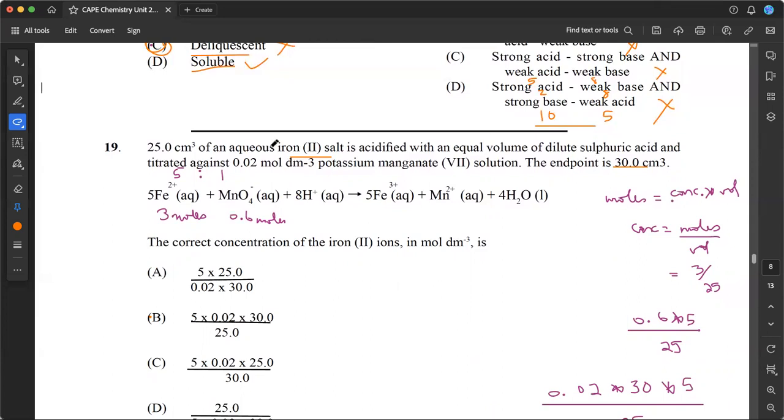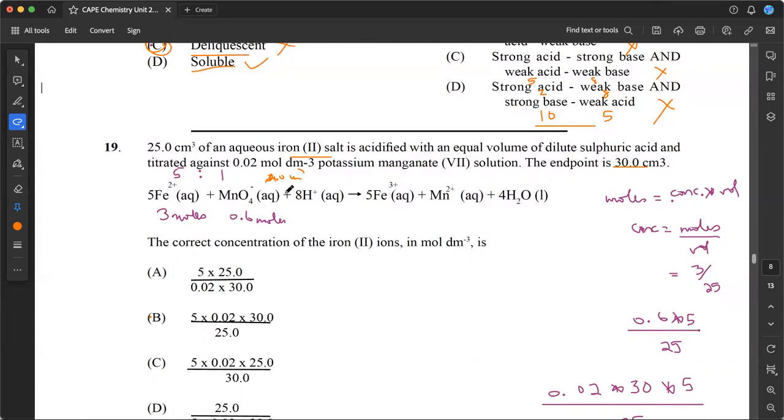So because we're titrating the acidified iron against potassium manganate solution, the volume of manganate that we used at the endpoint was 30.0 cm cubed, right? That's how much volume of that we end up using at the endpoint. That's what the question tells us.